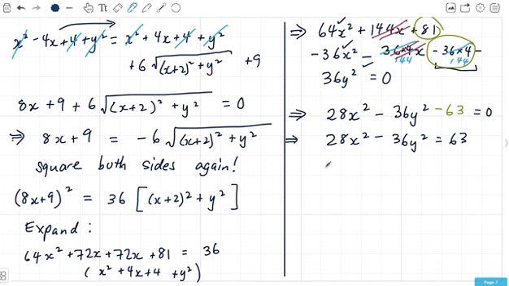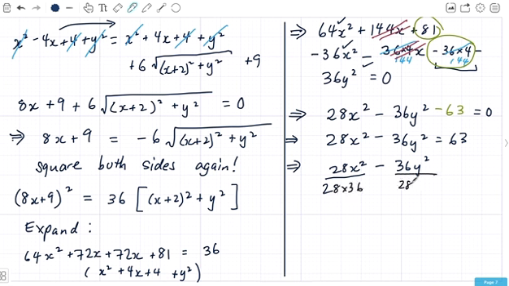What I want to do is divide both sides here by the same thing. So I'm going to divide 28x squared and 36y squared. I'm going to actually divide by 28 times 36.